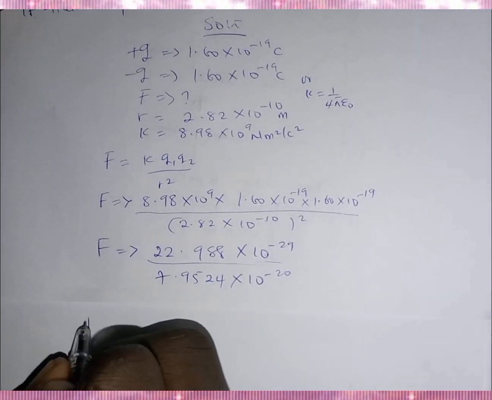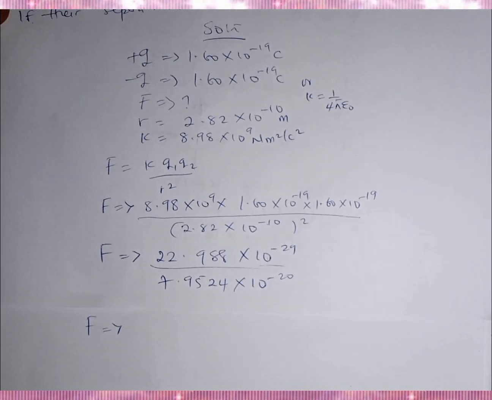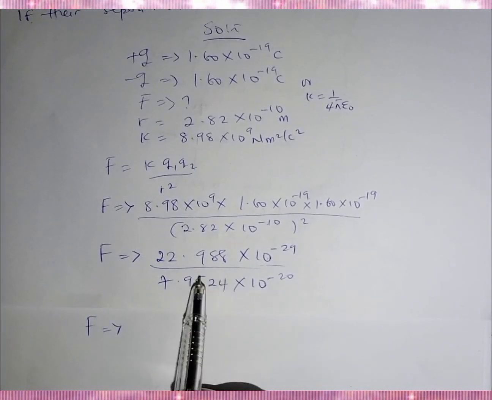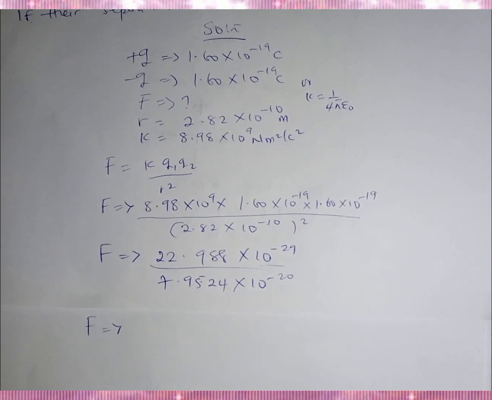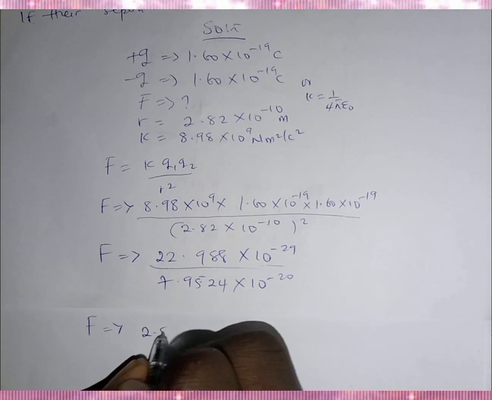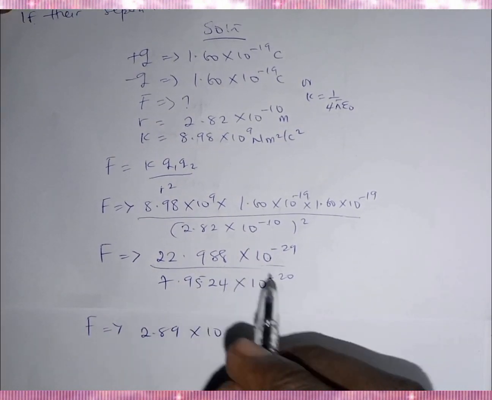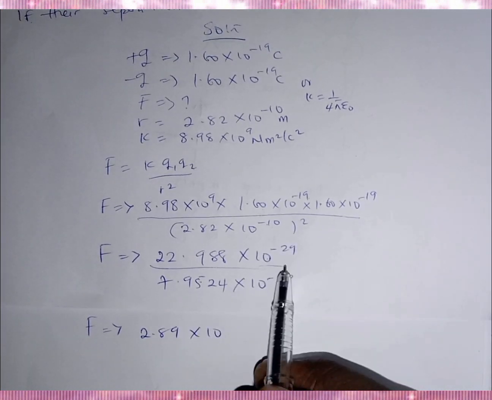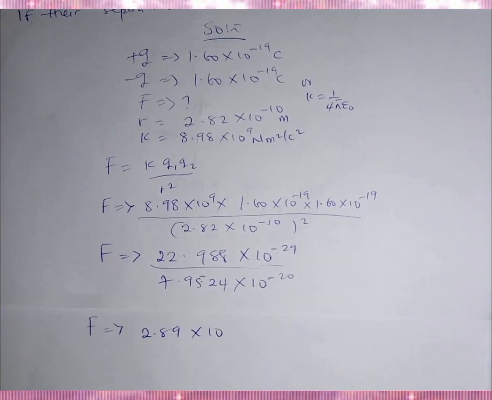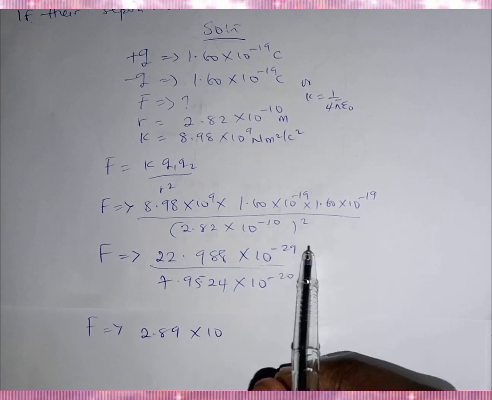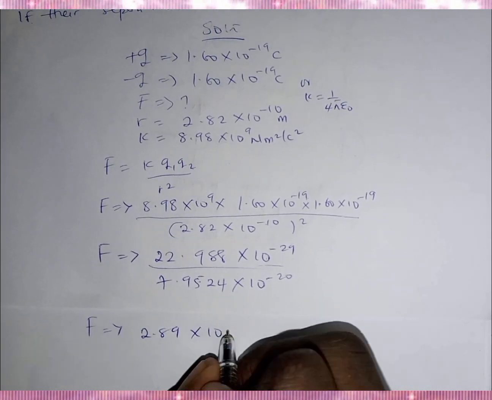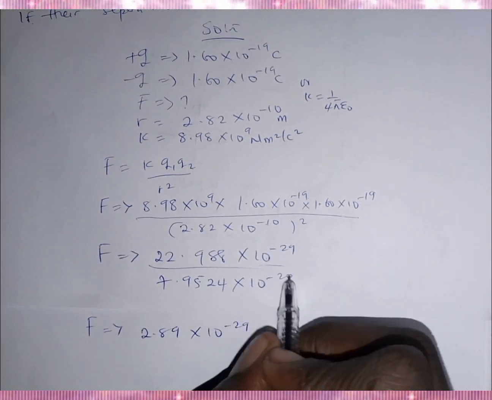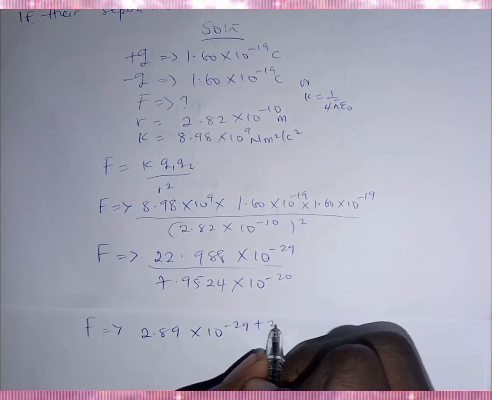Now further solving, we say our F equals 22.988 divided by this denominator 7.9524, which is 2.89 times 10. Now bring this minus 20 up here, according to indices, it becomes plus. So therefore, we can have minus 29. Once you bring this negative up here, it becomes plus, so plus 20.